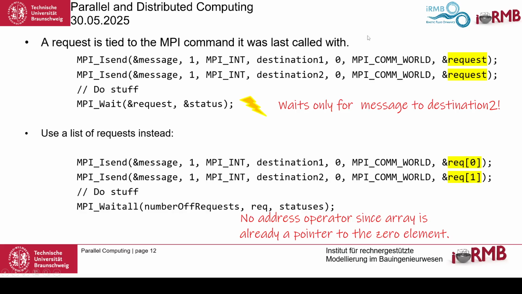So this will wait only for whichever send was last, so it only depends on this. So you get into trouble if this here has been received while this has not been received.